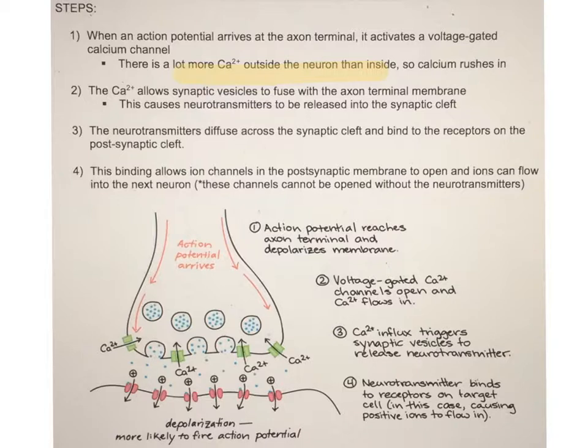When the calcium comes in, it allows these synaptic vesicles, which are right here, these little blue ones with the dots that are all the different neurotransmitters, to fuse with the axon terminal membrane. You can see them moving down towards the membrane, and they fuse with the membrane here.